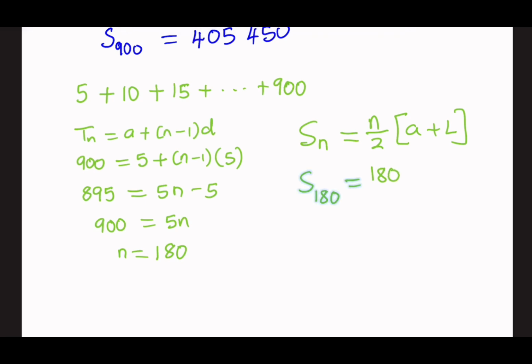So that's why we needed to do this first. So we now know what n is, and we can continue with this. So this is now divided by 2. A is 5, and L is still 900 in this case, and S180, if you type that stuff up in a calculator, you should be ending up with 81,450.